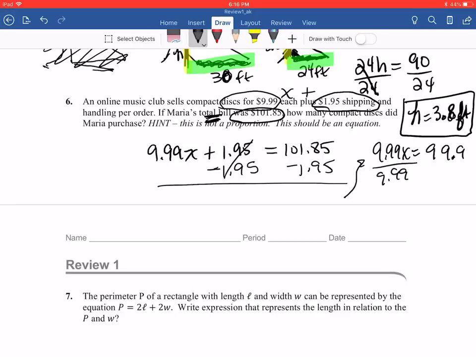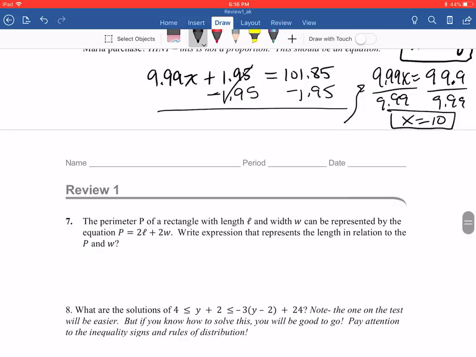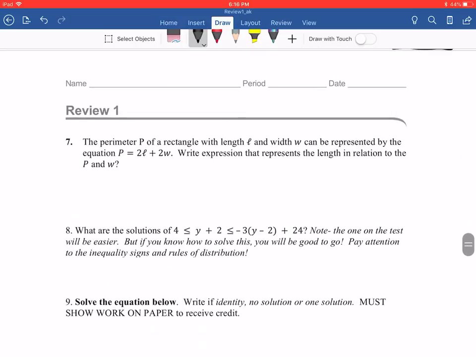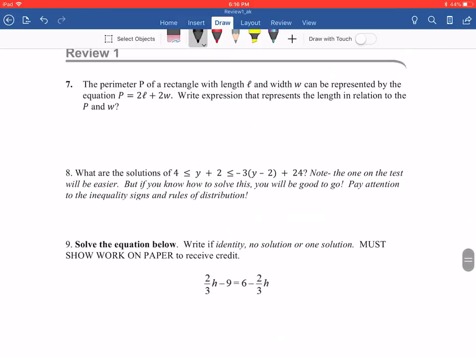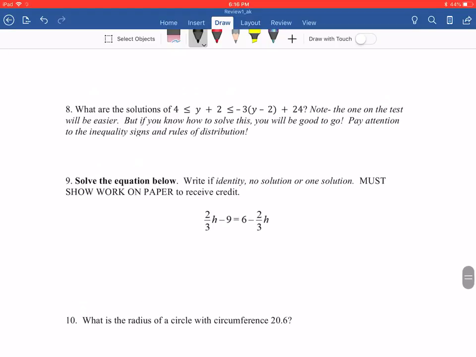If I divide both sides by 9.99, x is going to be equal to 10. So I can buy 10 CDs. All right? I will do 7, 8, 9, and 10 on the next video.